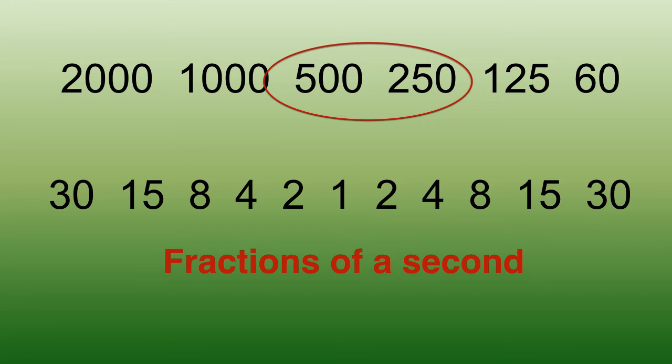So now the cars have twice as long to get through the light, just as when we go from 500th of a second to 250th of a second, the light has twice as much time to get to our sensor.